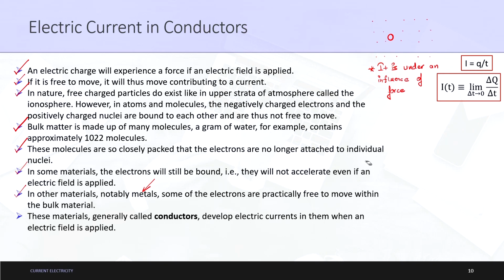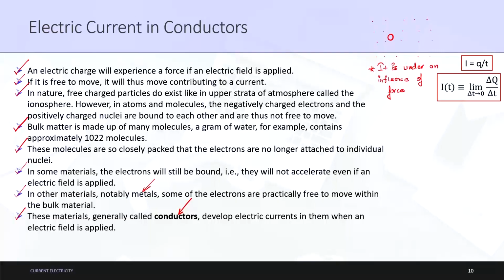So, these materials are generally called conductors. This is the definition we talked about here: they develop electric current in them when an electric field is applied. Quite evidently, when an electric field is applied, the charges, being free to move, will move freely from one point to another. What is happening here we will try to understand in subsequent slides, but from this slide we understood that everything is either bound or free in nature.